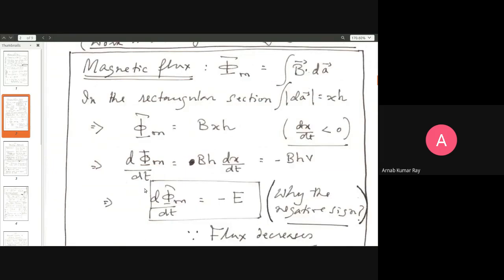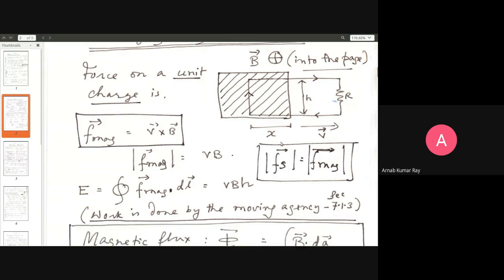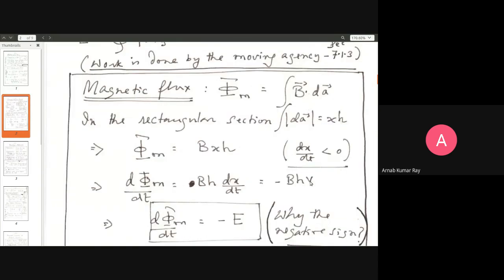So d phi m dt will be B h dx dt. And what is dx dt? The value of it is the speed with which the wire is being pulled to the right. Some agency, machine or human being, is pulling this thing to the right with a certain velocity v. So dx dt is equal to v, and this minus sign I have forcefully written here.